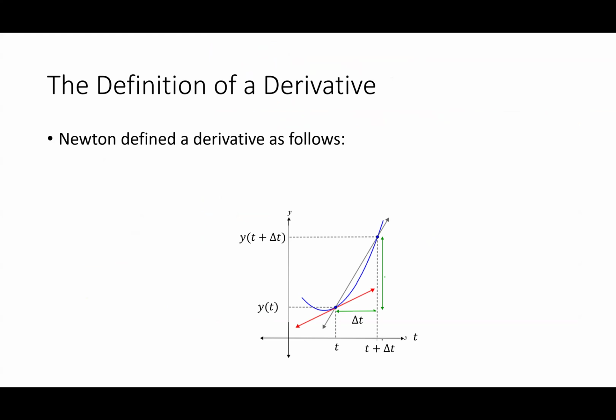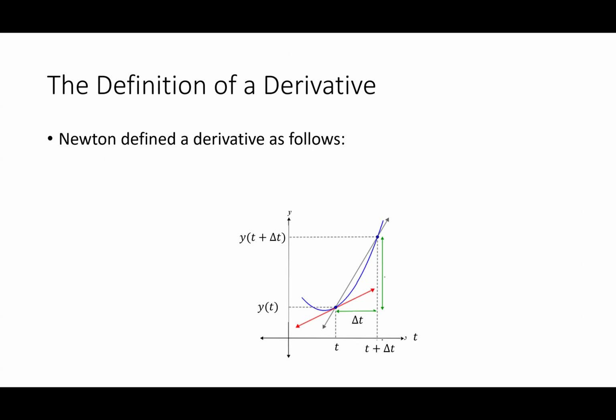Basically what Newton said is, the derivative is the slope of the function at that point. So you should have learned, if I draw a line tangent to that function at that point, the slope of that tangent line essentially is the derivative.